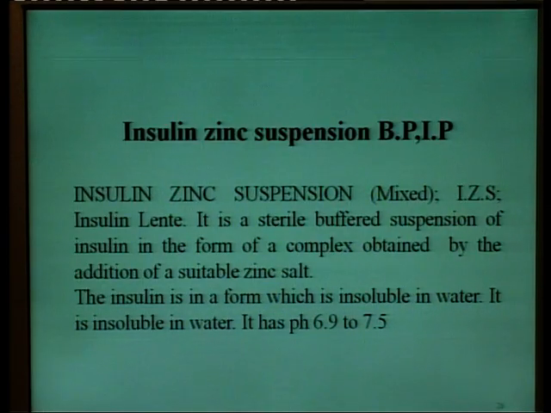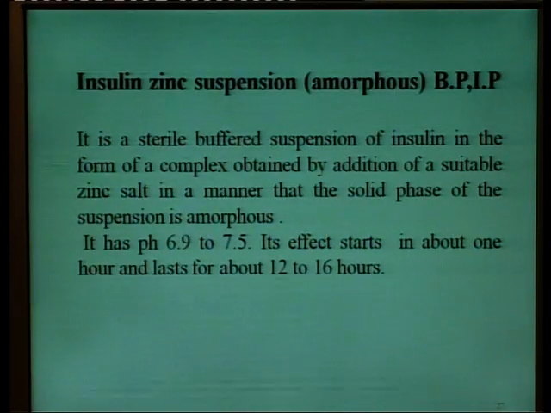It is a sterile buffered suspension of insulin in the form of a complex obtained by the addition of a suitable zinc salt. The insulin is in a form which is insoluble in water, but it has a pH of 6.9 to 7.5. It is a sterile buffered suspension.